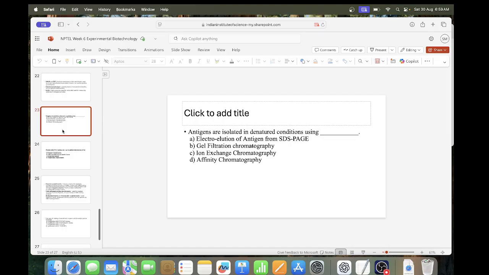So, because these three methods will still not prevent the physical interaction between your antigen and antibody, the only way that I think this can possibly be done is by running it on a denaturing PAGE. It could be an SDS PAGE or a urea PAGE, but it would work.